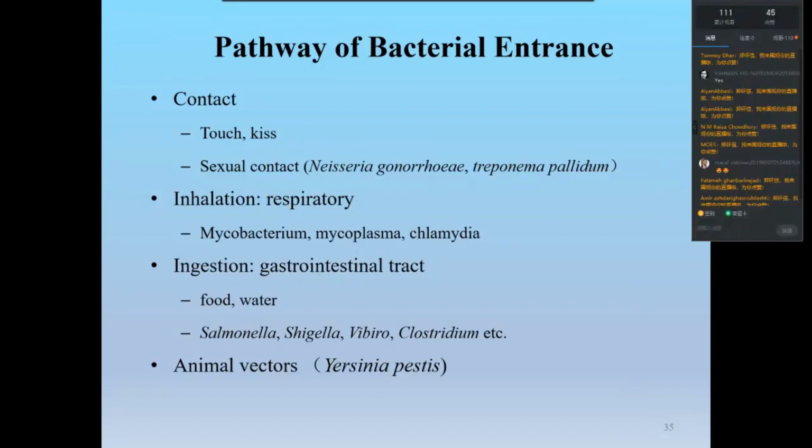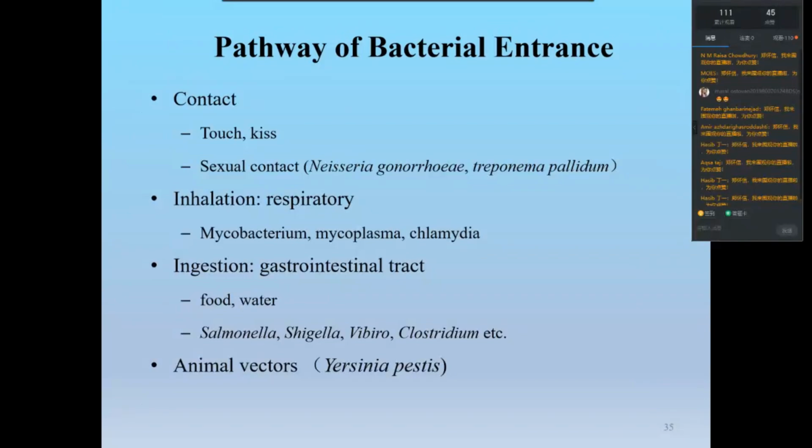Some of them can enter our body through ingestion. So when you drink or eat something which is not fresh, which is contaminated by the pathogen, they can enter our body through the food or water or fluid, and then can cause infection.